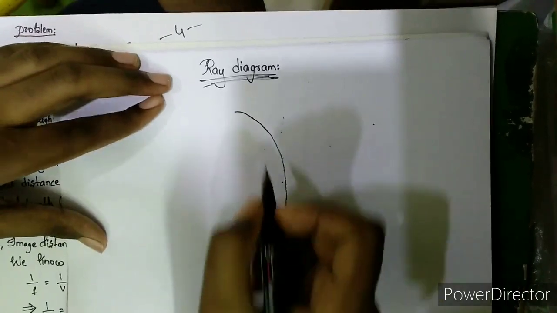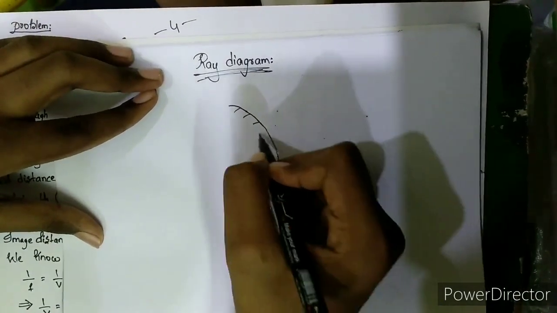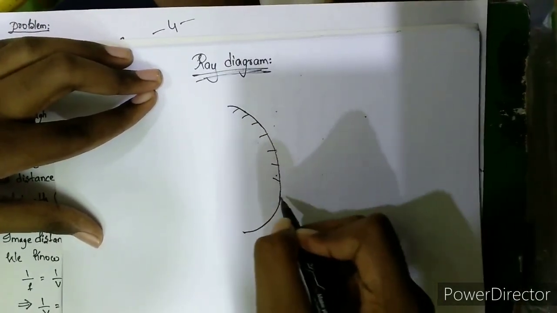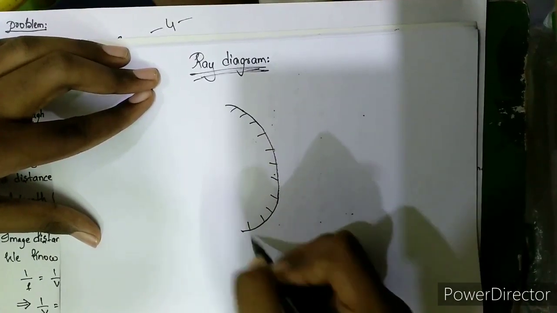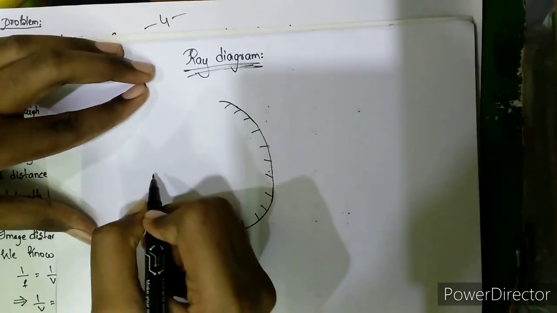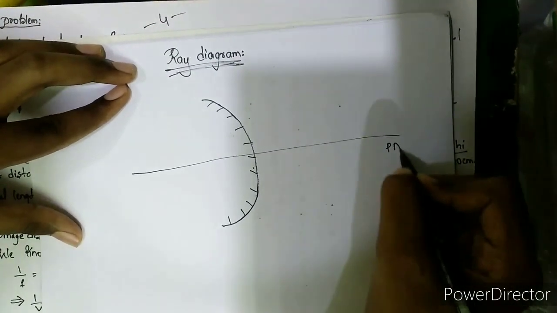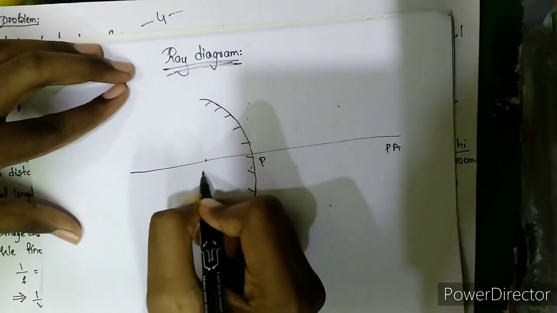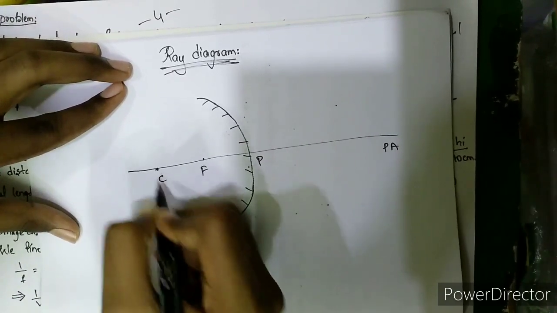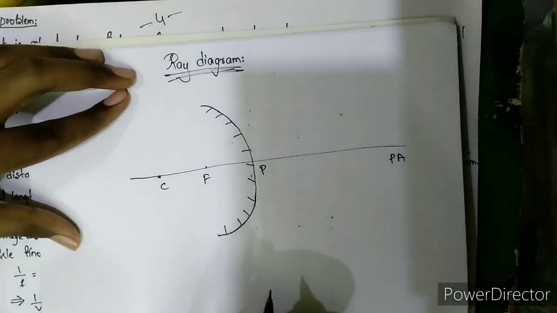You can actually use a compass to draw. Now this is the convex mirror. This is the principal axis, this is the pole, this is the focal point, and this is the center of curvature.